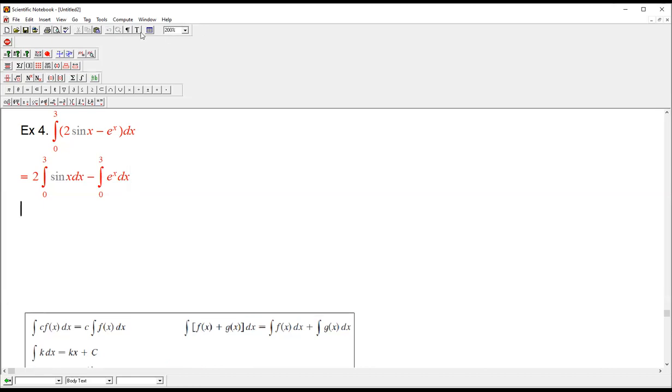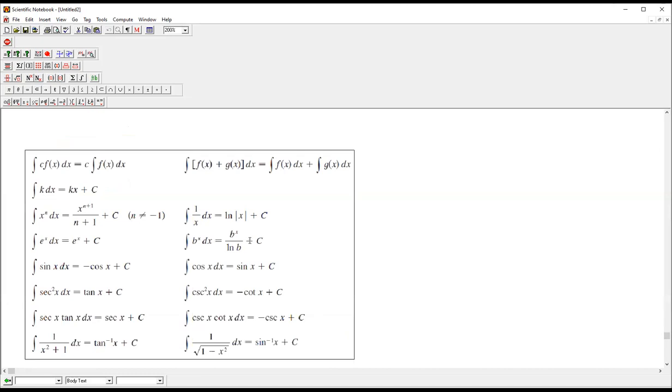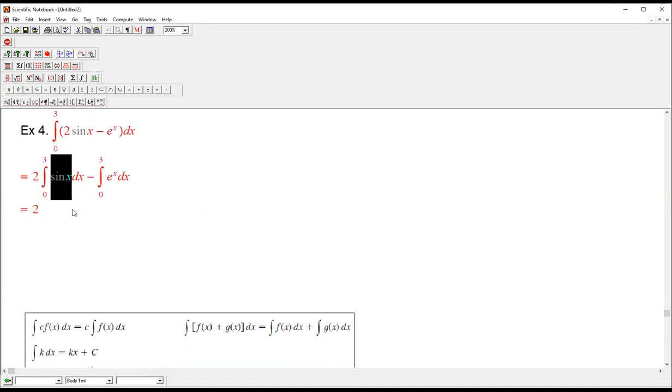Okay, and how do you show your work? So here 2, the antiderivative of sine x is negative cosine. So you're going to write it down. Okay, you can either write negative cosine x or bring the negative sign in front of it.